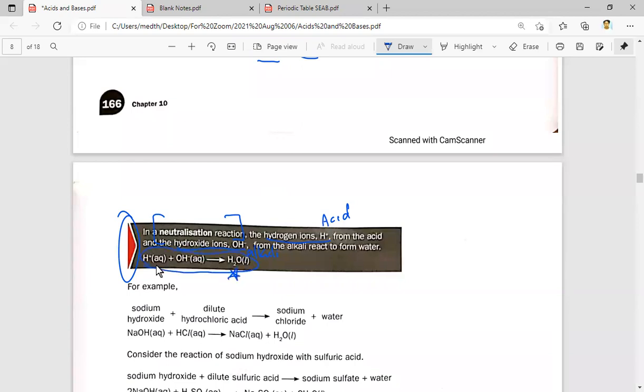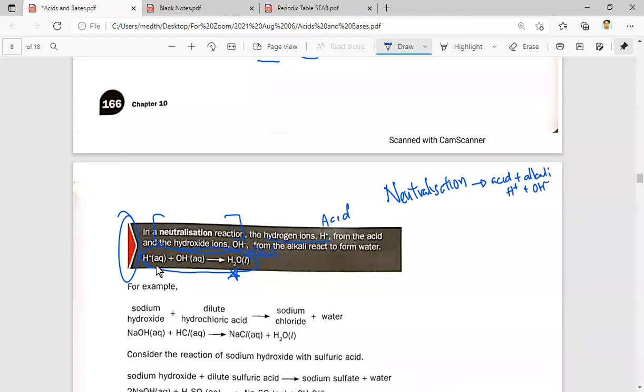I'm going to put a star here because this is the only ionic equation that keeps coming out. Whenever you see neutralization, it's the idea of acid reacting with alkali. To be more precise, it's the H+ reacting with the OH-.